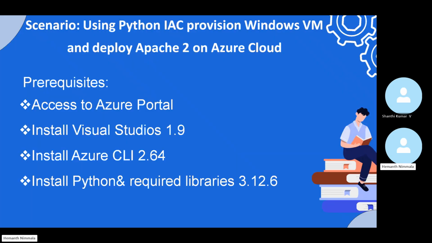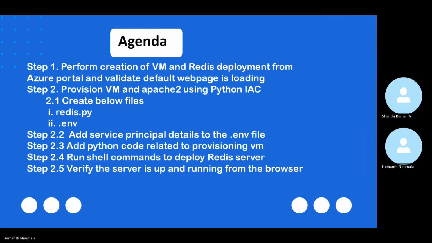So here are the prerequisites for this demo. Azure Portal, Visual Studio, and Python are all installed. And as part of this demo, we will directly look into the code that is being used for completing this task.